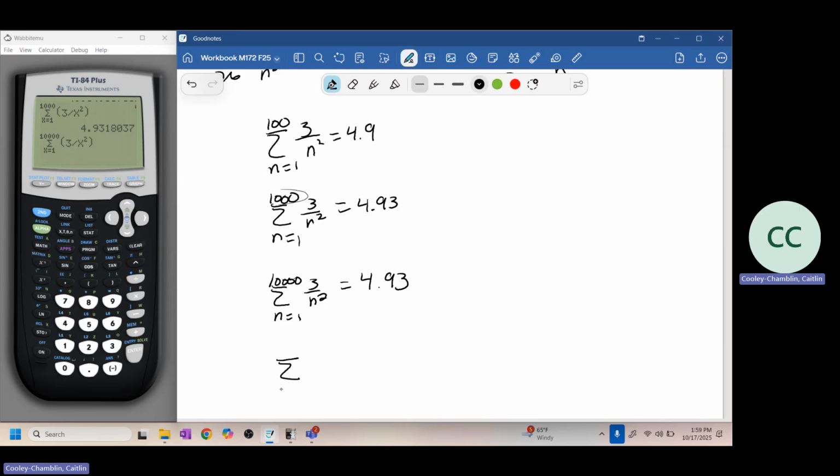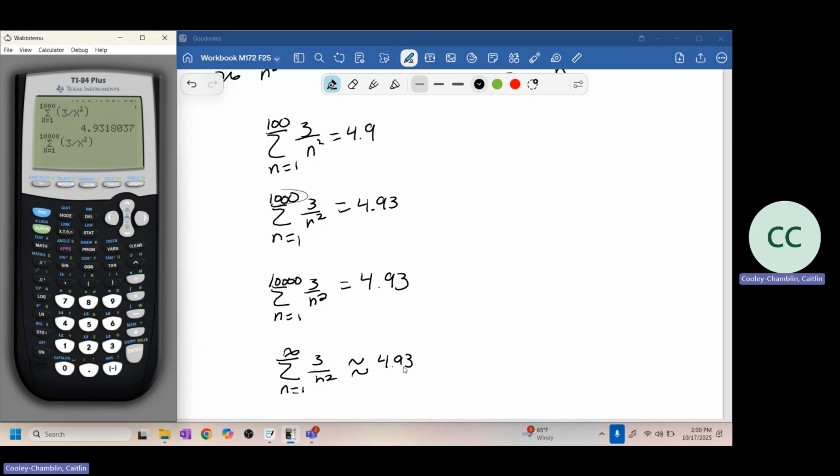So the summation of n equaling 1 to infinity of 3 over n squared is approximately 4.93. It does not mean it is 4.93. We have to do other processes to actually calculate the sum. We can't just get closer and closer to infinity. As you see, our calculator freezes.